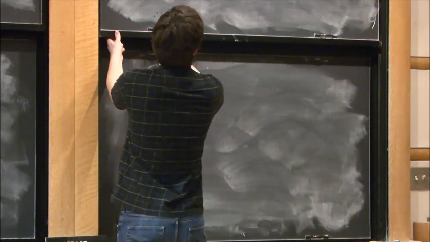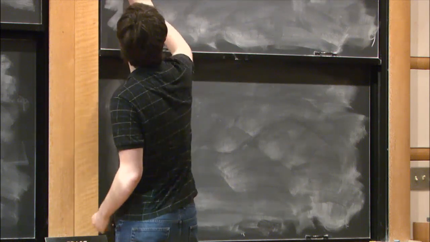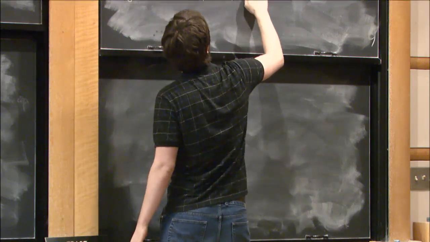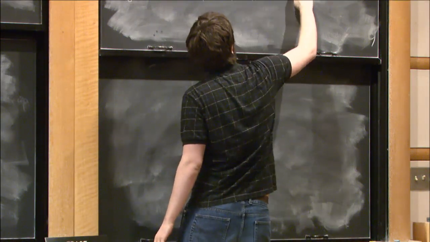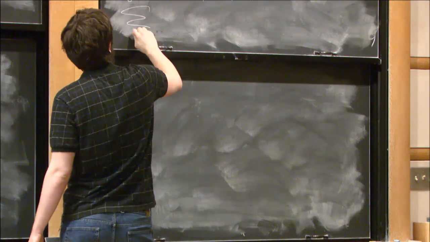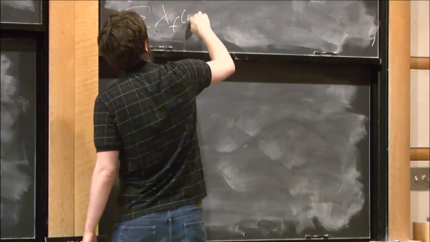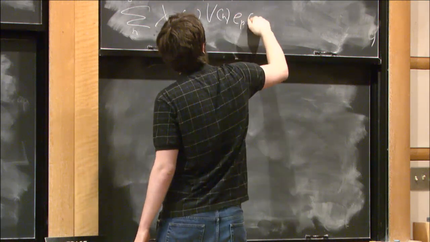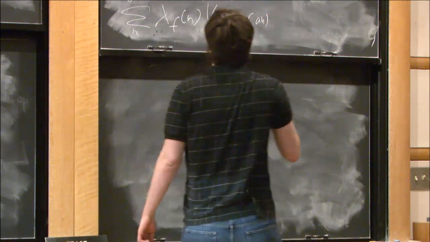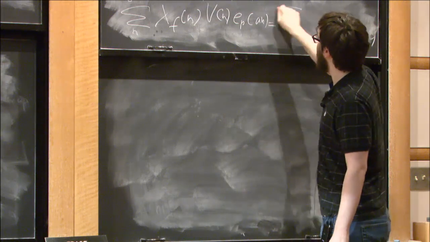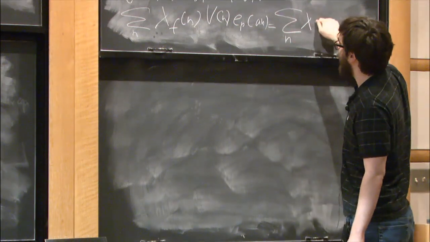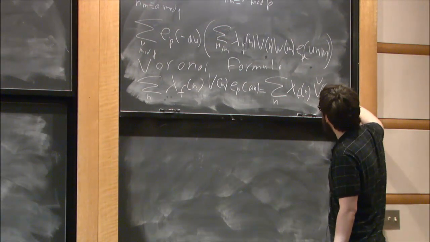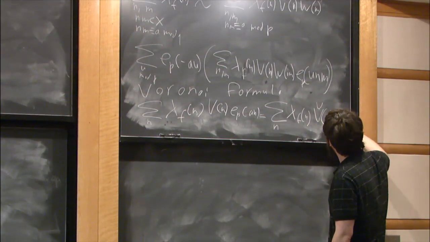And the Voronoi summation formula looks like this. If we sum over n our Fourier coefficients times a smooth function times an additive character, this is equal to the sum over n of our Fourier coefficients times a transformed function times an additive character.